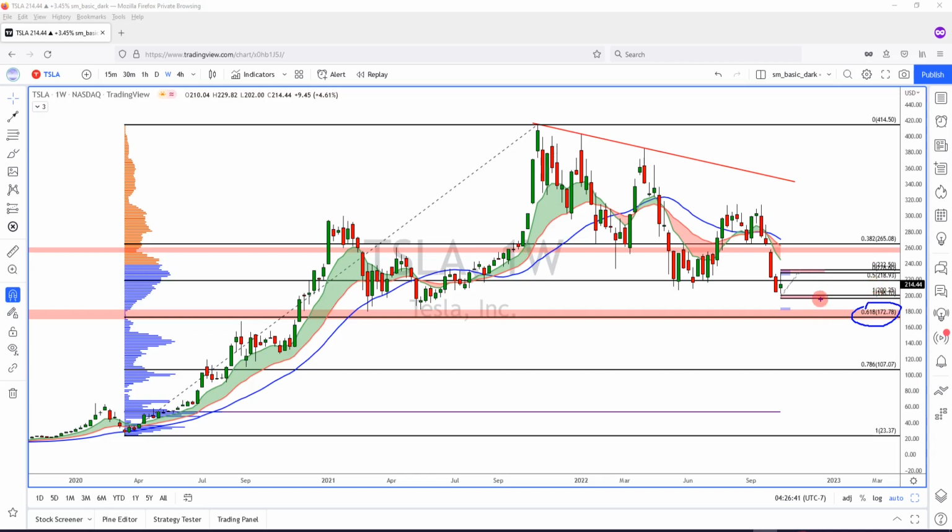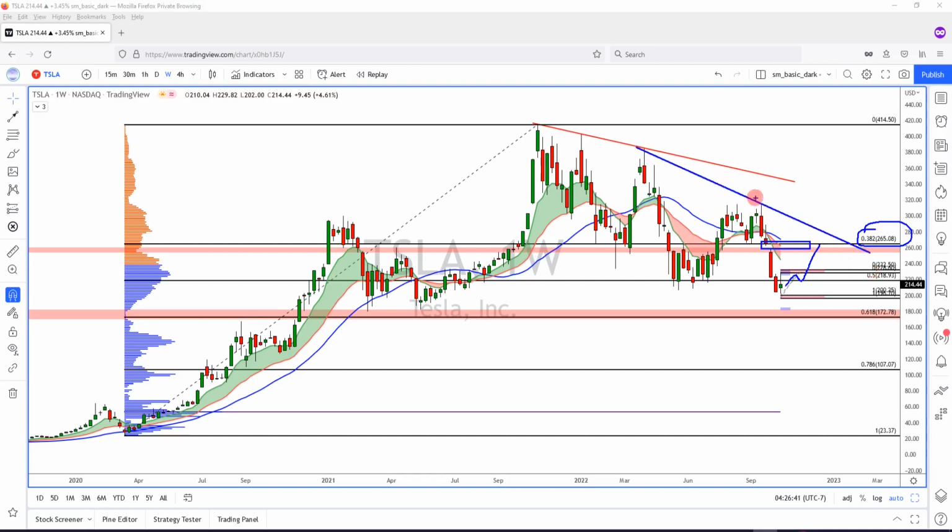196.70. So looking at Tesla price action here, the potential upside move is to see whether it will be able to get above this 50%, then come up to this range and possibly push up here to the 382 near the 265 and fill this gap. So that would be the potential swing trade.